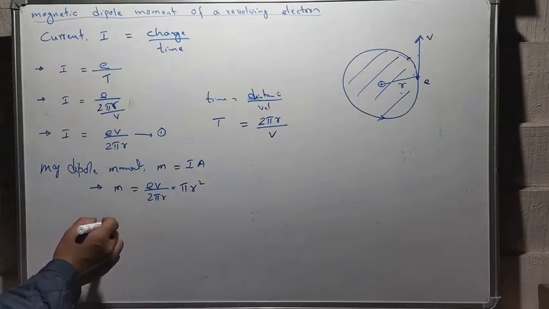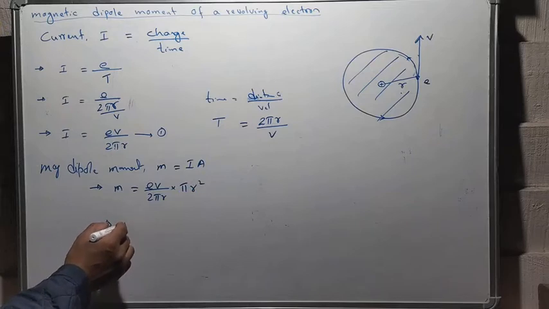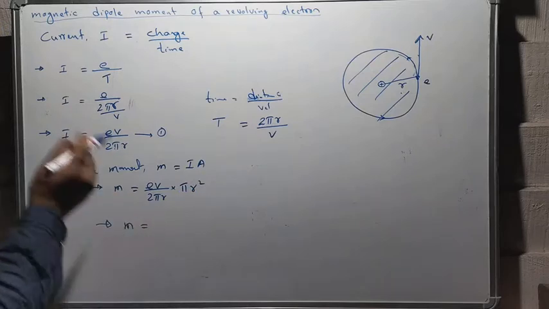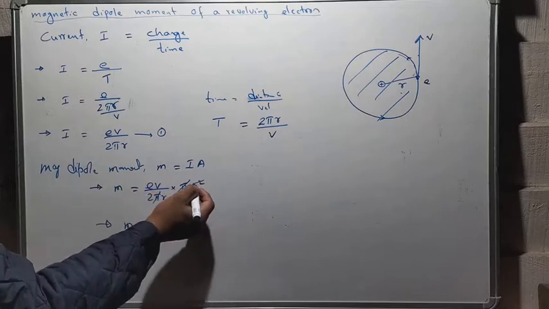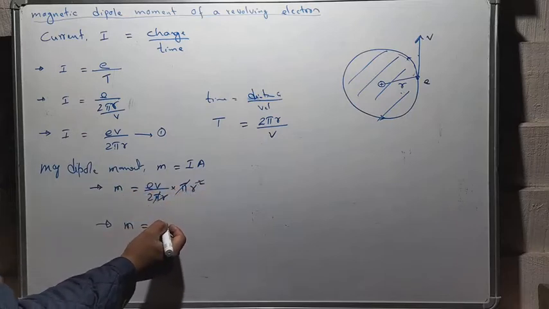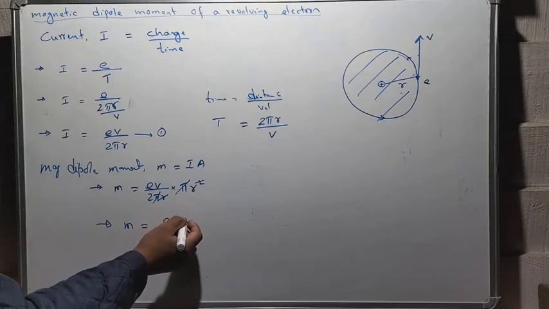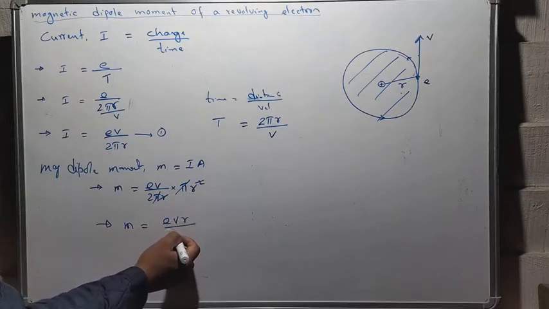Next, the magnetic dipole moment is equal to, now this pi cancels with pi, and this r cancels with r, so you'll have just evr upon 2.